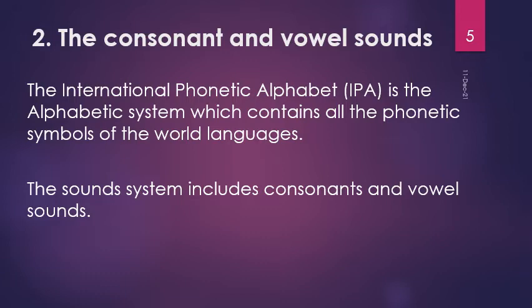The International Phonetic Alphabet, IPA, is the alphabetic system which contains all the phonetic symbols of the world languages. The sound system includes consonant and vowel sounds.